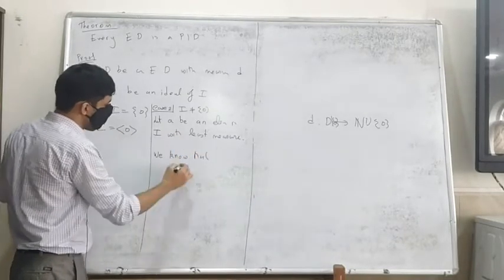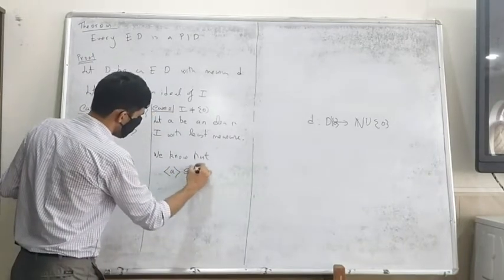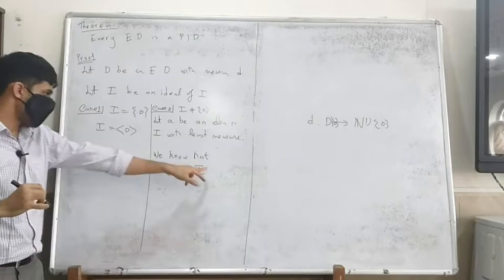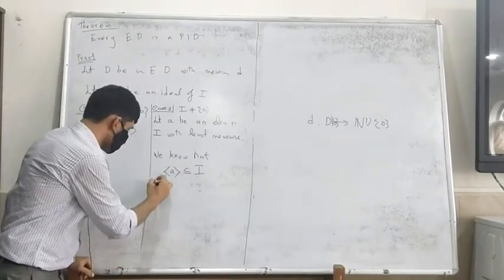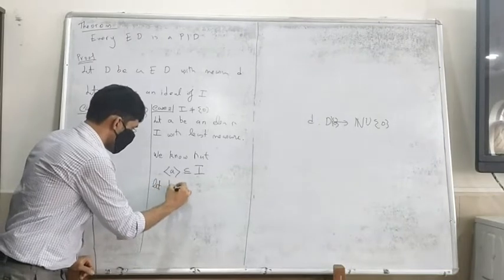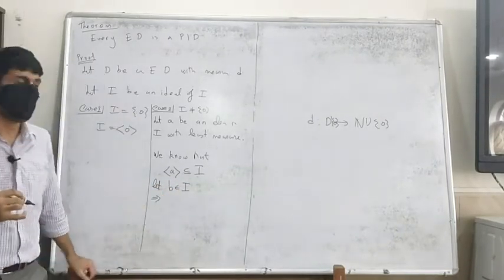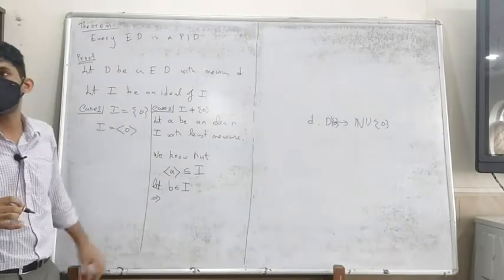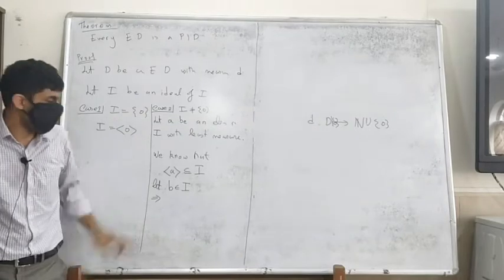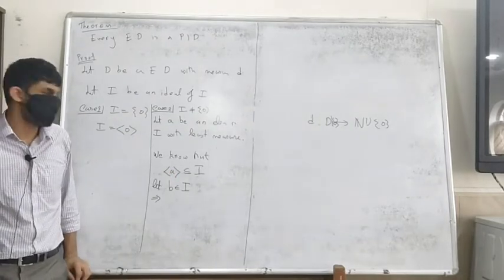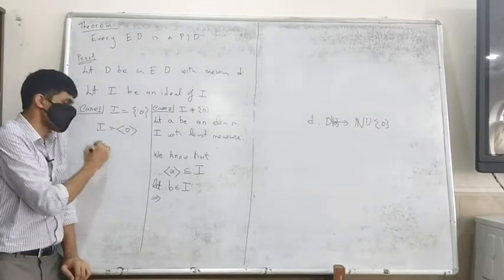Because A is an element of I, we know that the ideal generated by A is a subset of I. Take an element B of I, prove that it's in the ideal generated by A. What do I need to do to say that? You can write B as A times some X.